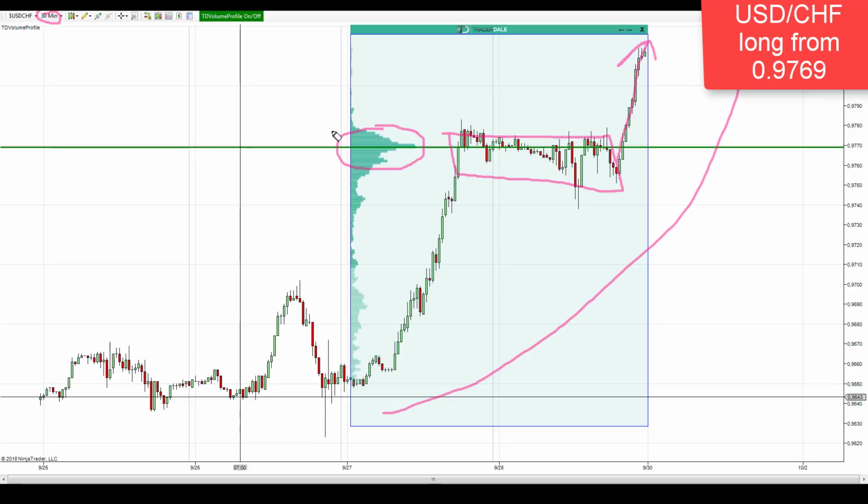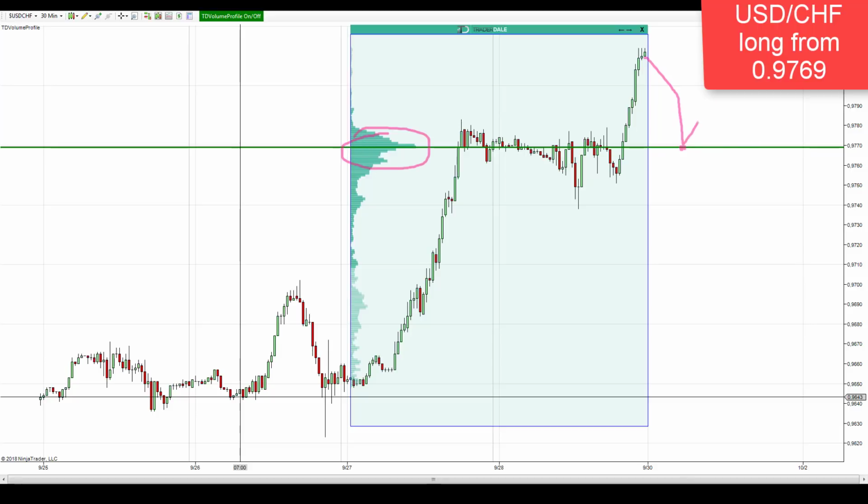So I think that those volumes were volumes of strong buyers who were adding to their buying positions there and initiated another strong buying activity right there. So I think that when the price makes a pullback to this level again, those buyers will defend their positions and they'll push the price upwards again.